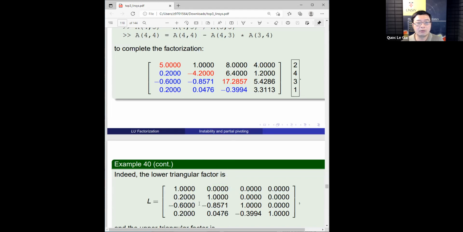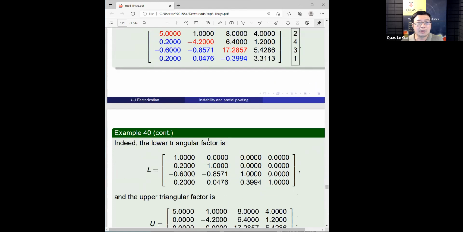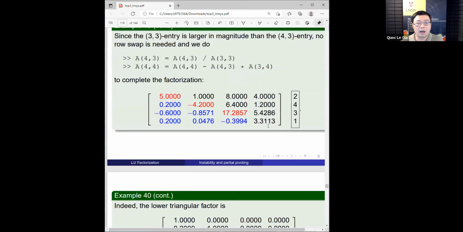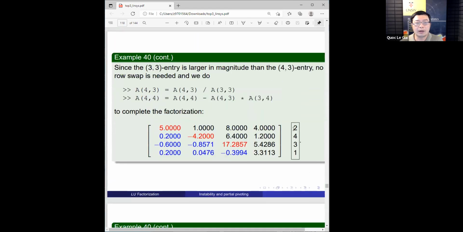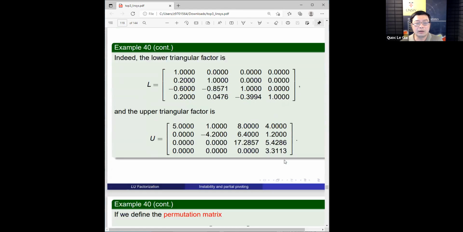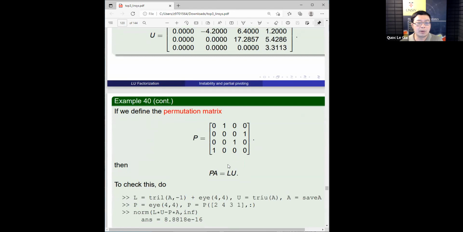Then you get the matrix L, and the matrix U is just the upper triangular matrix you have left in the row reduced echelon form. Whenever you swap the rows, you store that in a vector, so then you can give the permutation matrix.